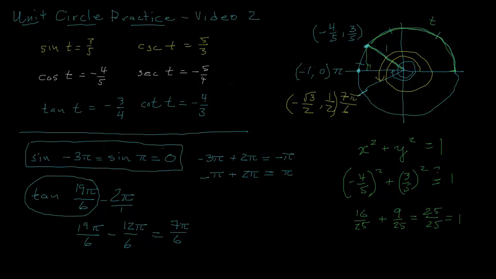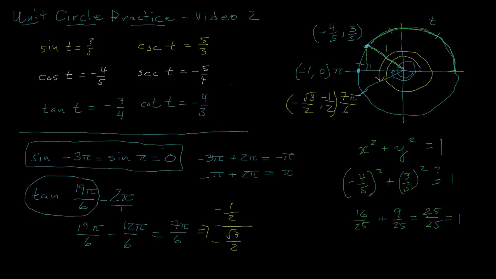And so the tangent is going to be y over x, or negative 1/2 divided by negative root 3 over 2.